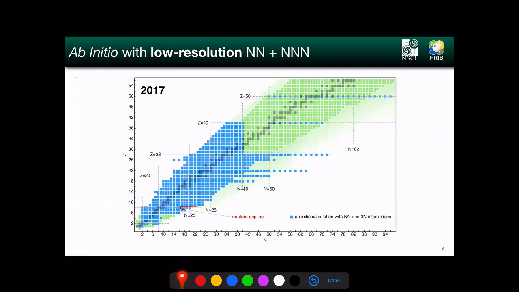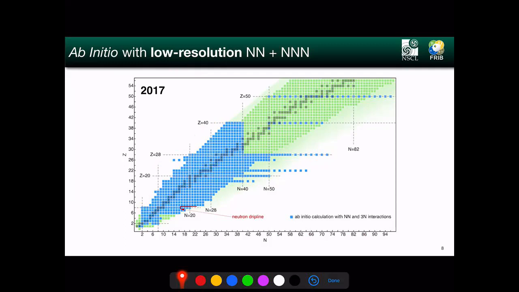And as everyone here probably knows, the situation is much more optimistic than that. Again, thanks to these low resolution Hamiltonians that are in vogue right now. And here's another plot that Heiko made, already somewhat out of date, but it gets the message across that the territory in the nuclear chart that can be calculated using ab-initio methods has really exploded dramatically.